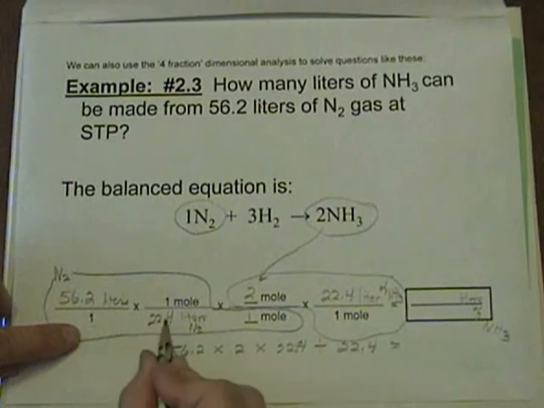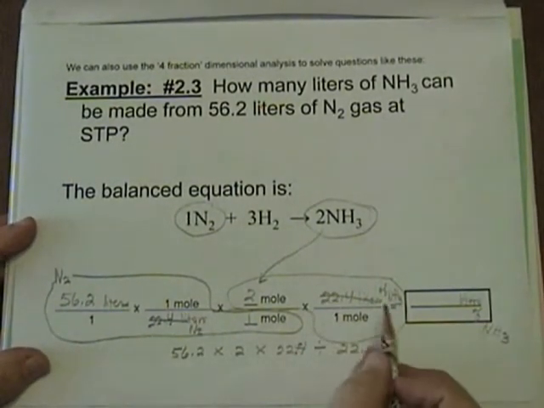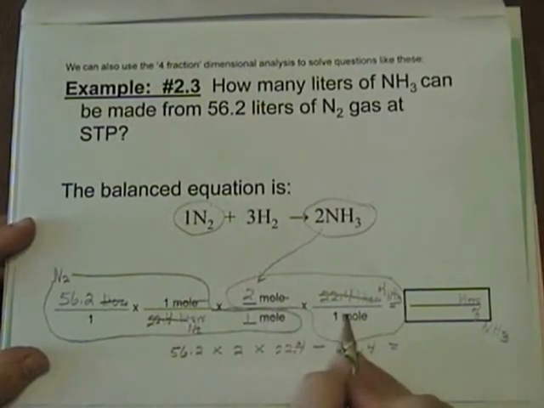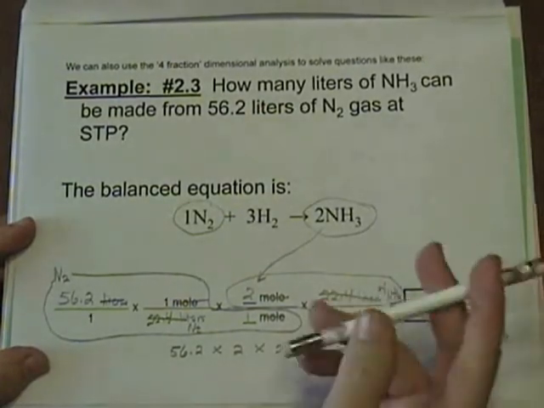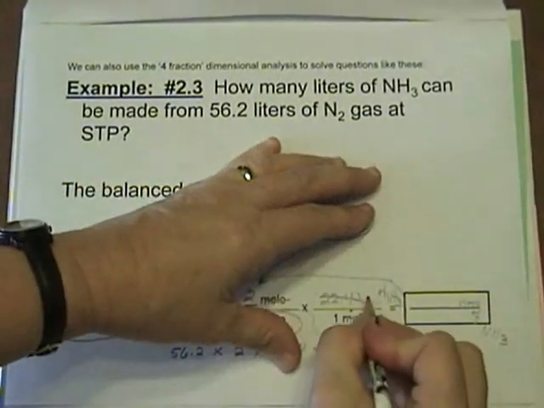This 22.4 is that one there. So a lot of times people will just kind of say those cancel each other out. Mole, mole, mole, mole. Oops. This liter didn't actually cancel out right here. The number 22.4 did, but not the unit liter.